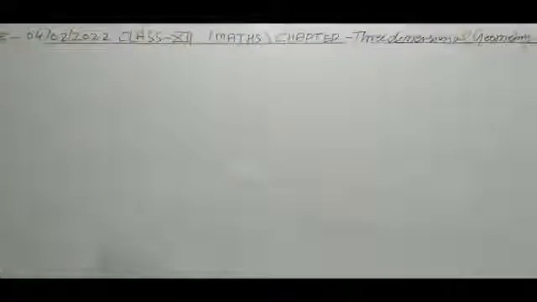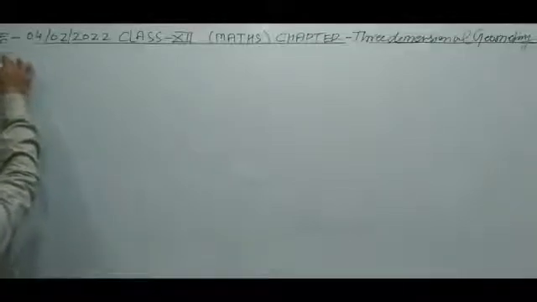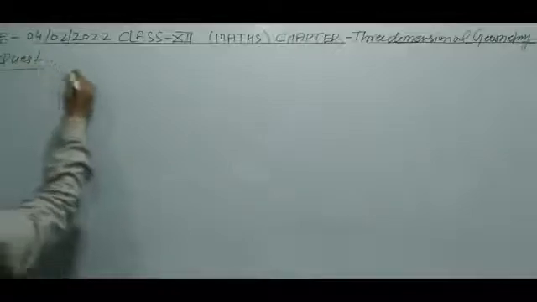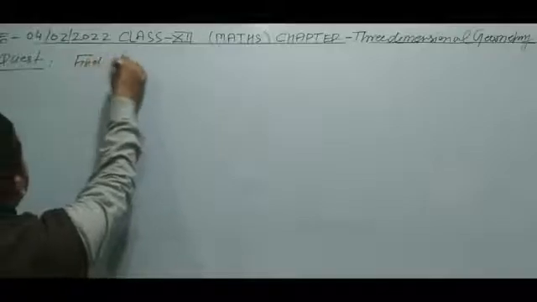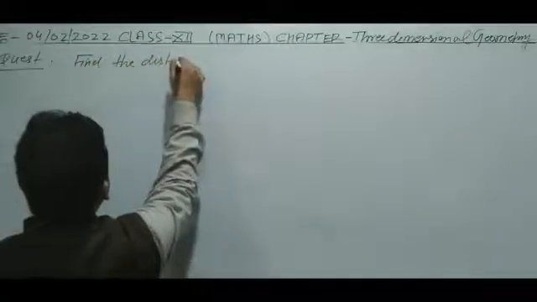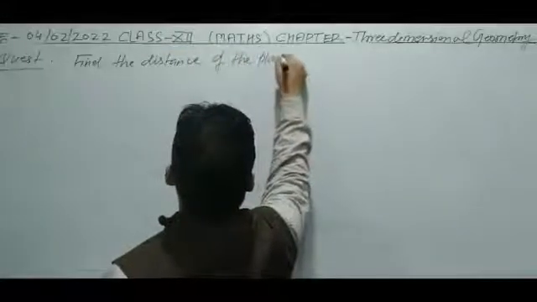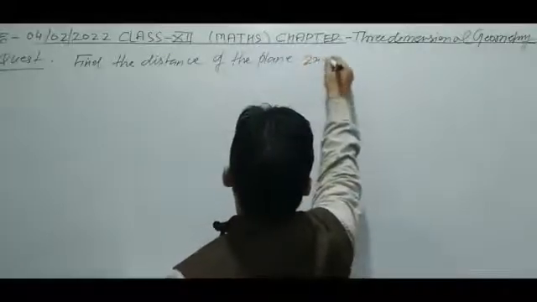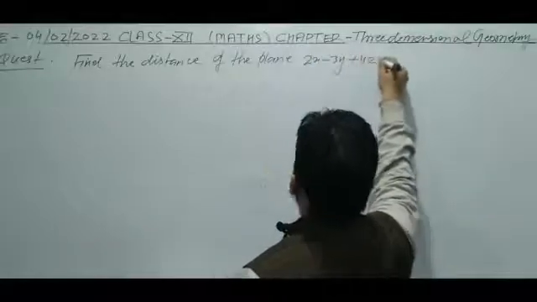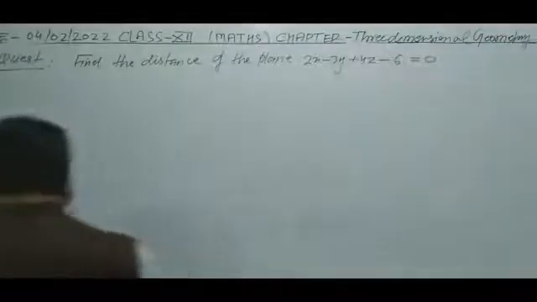Now the question is, find the distance of the plane 2x minus 3y plus 4z minus 6 is equal to 0 from the origin.